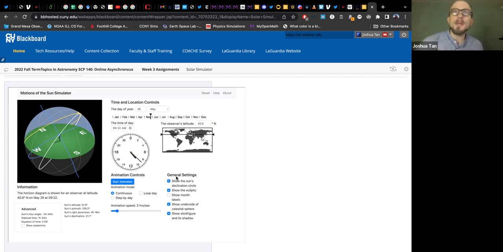Those pieces of information may be very useful for you. For example, you may be asked when the sun sets or when it rises. And in those cases, you know that you'll want to look for a very low altitude, an altitude that's close to 0 degrees. Or you may be interested in finding out when the sun is at its highest point.